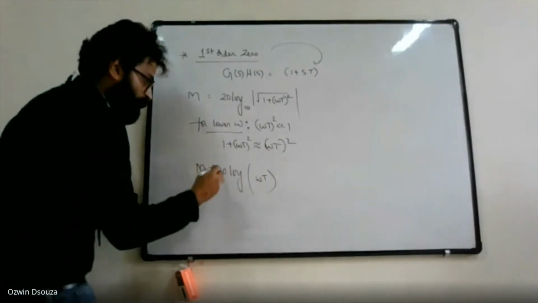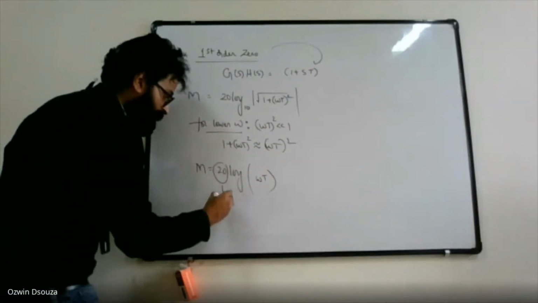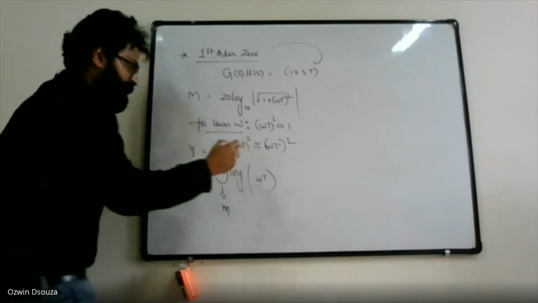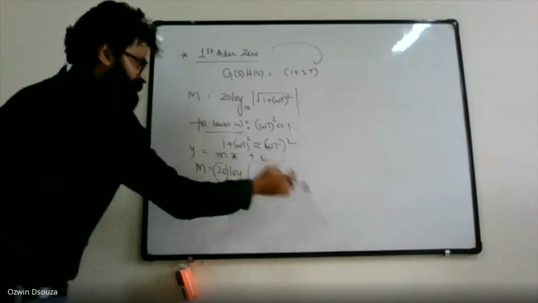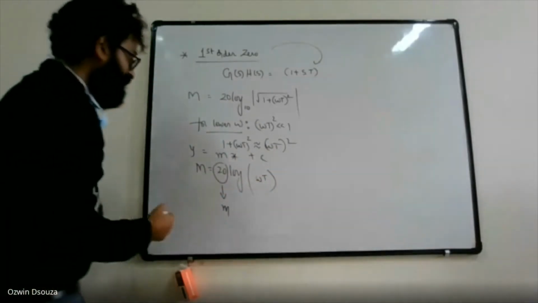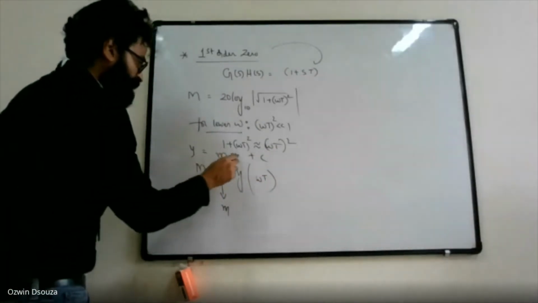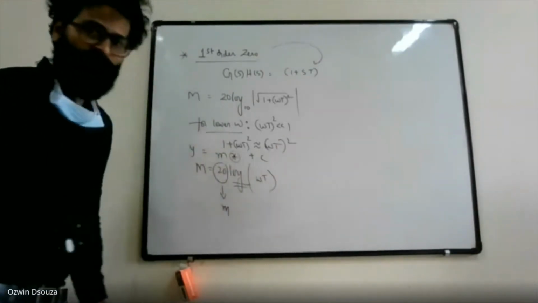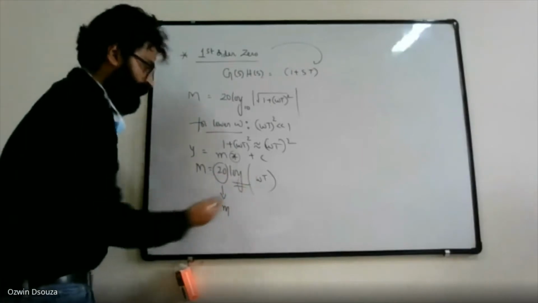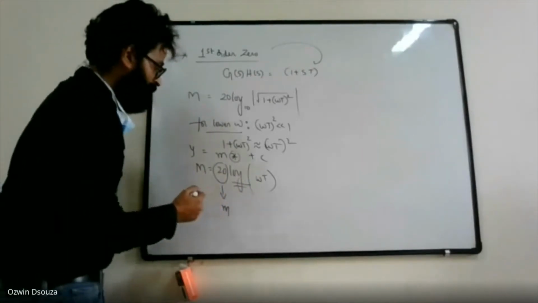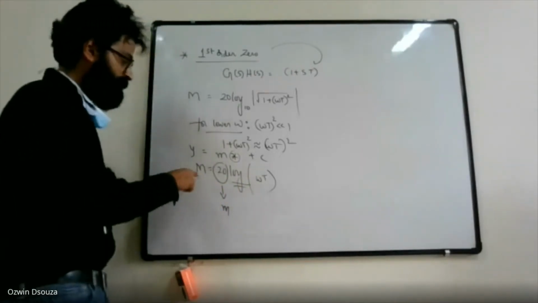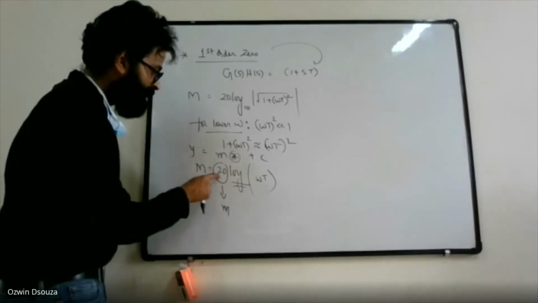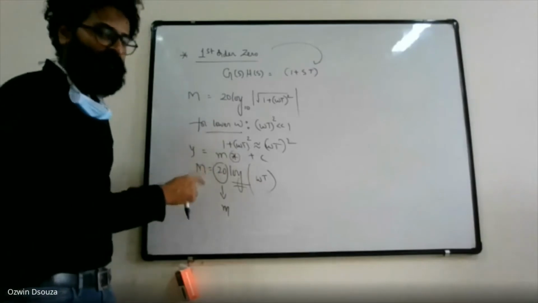Now you can clearly observe that this is y is equal to m x plus c, and the c factor is 0 over here. x is your frequency on a log scale, and y is the magnitude expressed in decibels. The factor m is 20, and the sign is positive.